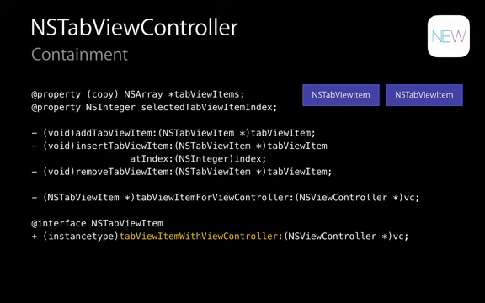For example, it will take the title of your child view controller and set that as the label of the tab view item. And we'll also take it a step further. As Mike showed in the demo, we look at the class name of the view controller, and we try to find image resources with that same name, or we prefer the name with a dash TabViewItem, and we'll automatically set that image as the image of the NSTabViewItem. So you can get the label and the image automatically that way.